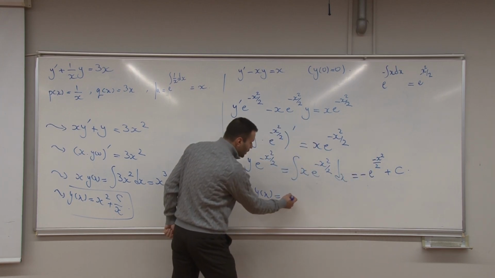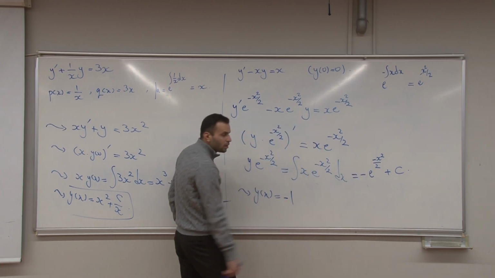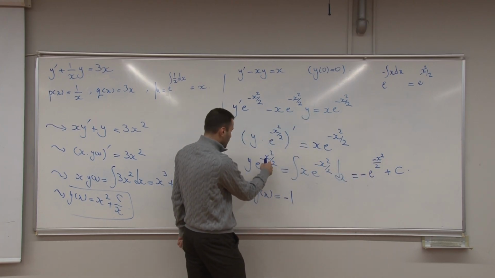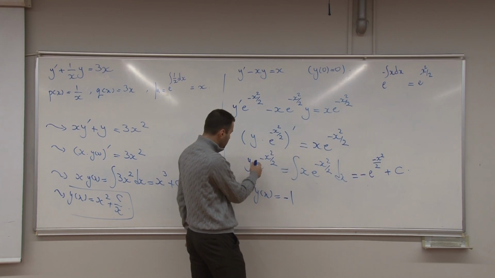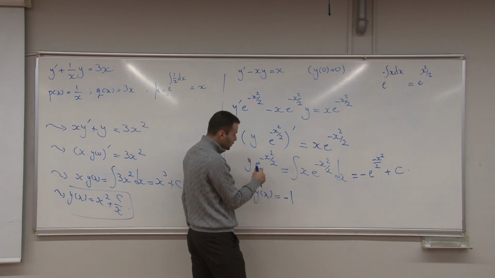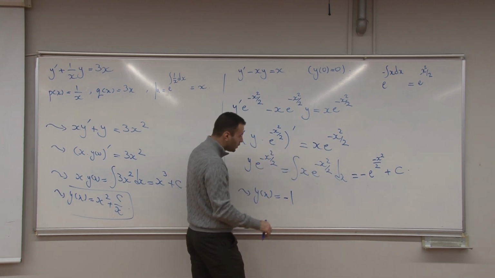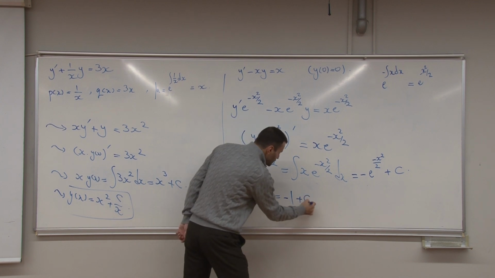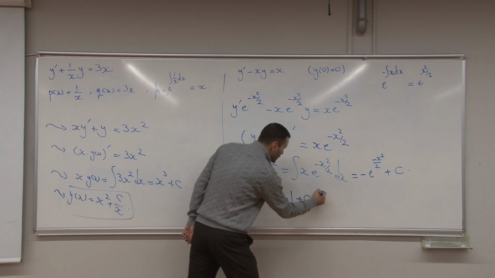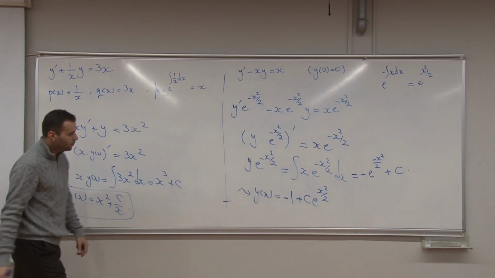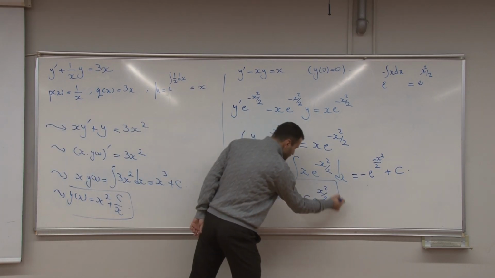It's going to be minus 1, because this x1 and this x1 are just going to cancel each other. If you take this to the other side, this is going to be positive, that negative, they will sum up to 0, so it's going to be 1. Plus c times e to the power of x to the power of 2 divided by 2. This is our function y.